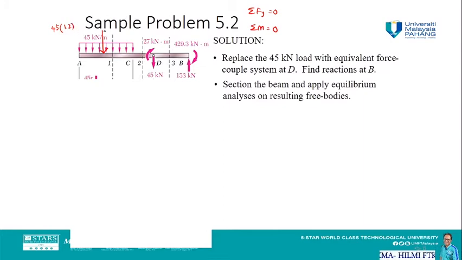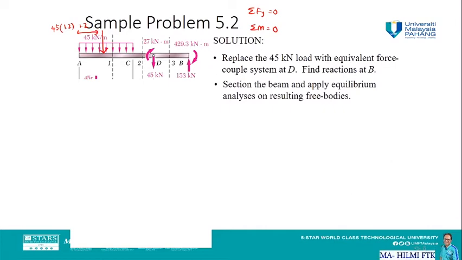So we are going to get one equivalent force at the distance 1.2 meter from point A, and then we can calculate the reaction force at point B, where we are going to obtain 153 and 429.3 kilonewton.